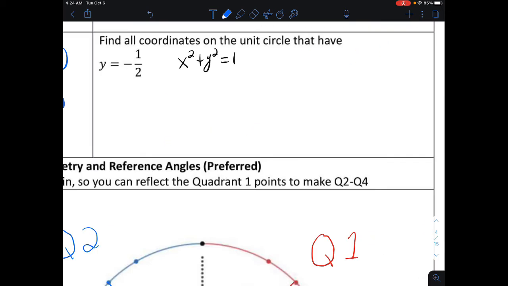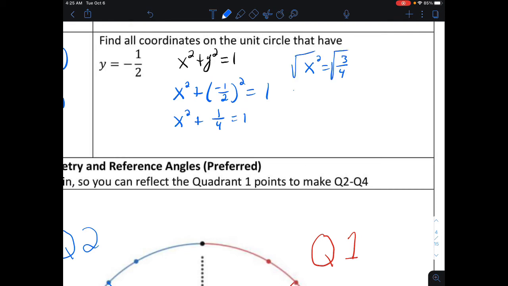And lastly here, we want to find all coordinates on the unit circle that have a y value of negative 1/2. So I put in negative 1/2 for the y. And we start solving for x. So negative 1/2 squared makes positive 1/4. Isolate the x squared. We got x squared is equal to 3 over 4. We take the square root of both sides. The square root of x squared is the absolute value of x.